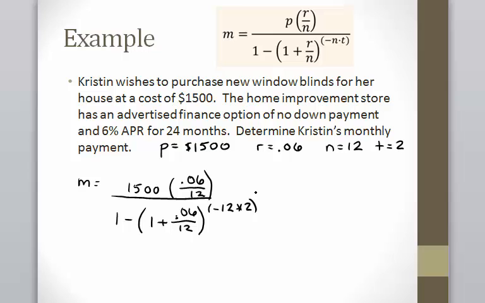Now, let's go ahead and do some of these calculations. For example, the 0.06 divided by 12 in the numerator is equal to 0.005.